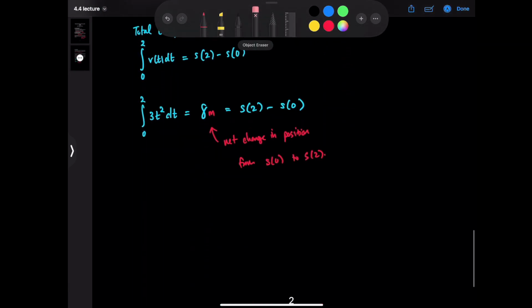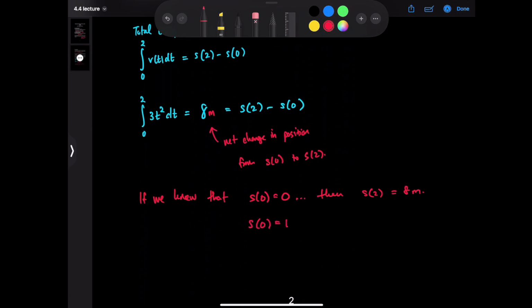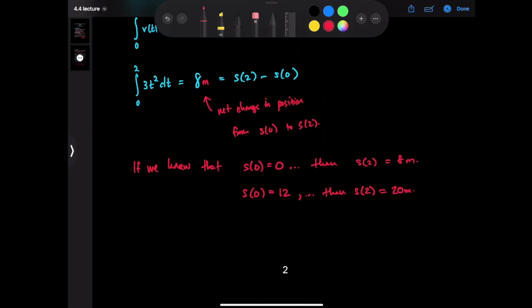So now, if we knew that s of 0 equaled 0, then we know s of 2 must be 8 meters. That's at the 8 meter mark. If we knew that s of 0 was, let's say, 12, then we know s of 2 must be 20 meters because we know the difference between the two has to be 8 meters from start to stop.